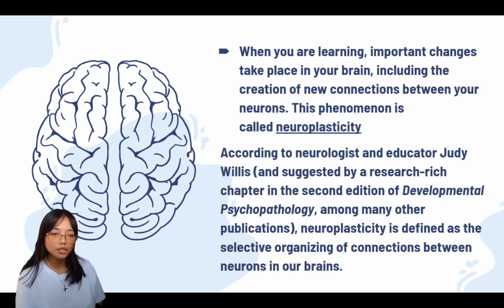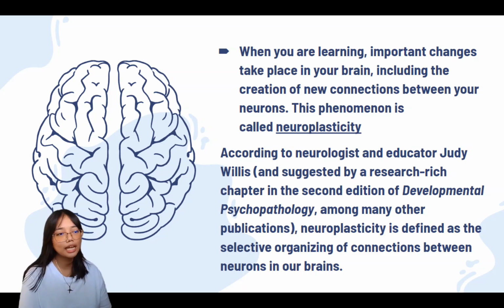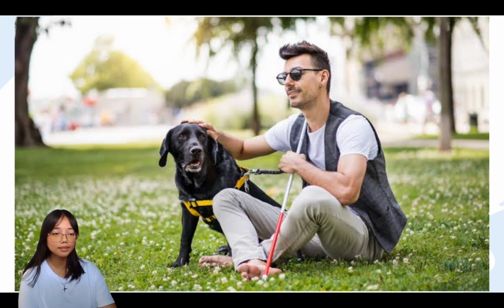Now, these changes in the neural connection allow the brain to process and remember new information and to adapt to changes in the environment. Neuroplasticity is an important aspect in our brain because it allows the brain to learn and adapt throughout our lives. Now, one example of neuroplasticity is the ability of the brain to adapt to changes in sensory input.